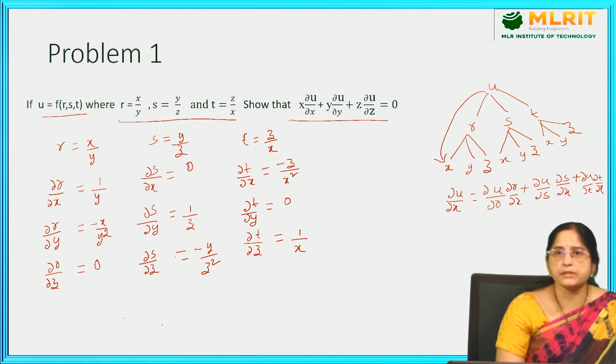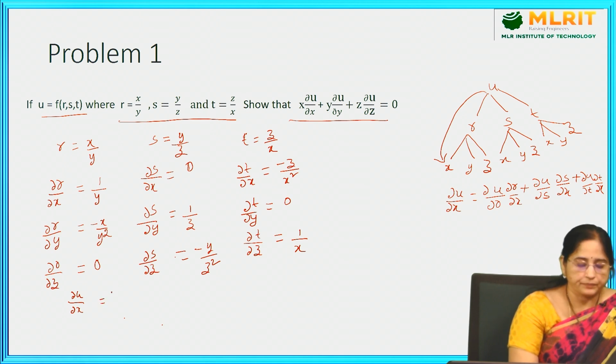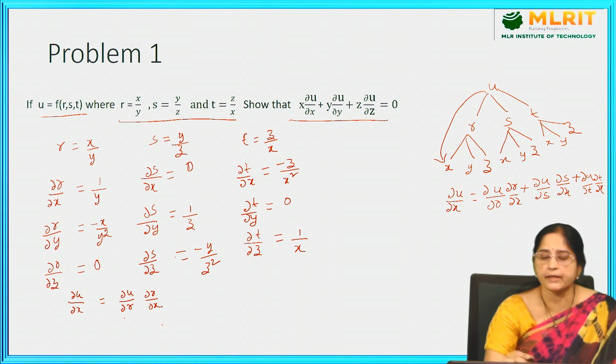Next, we can use the formula. So the formula is dou u by dou x equal to dou u by dou r into dou r by dou x. So remembering is also very easy.